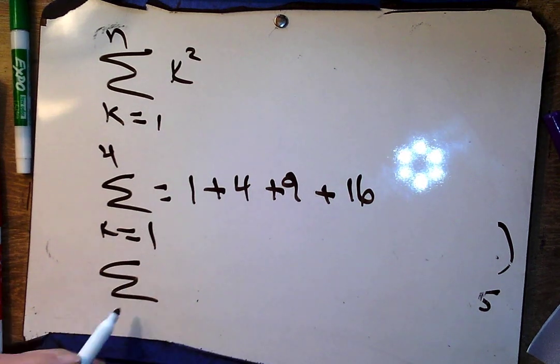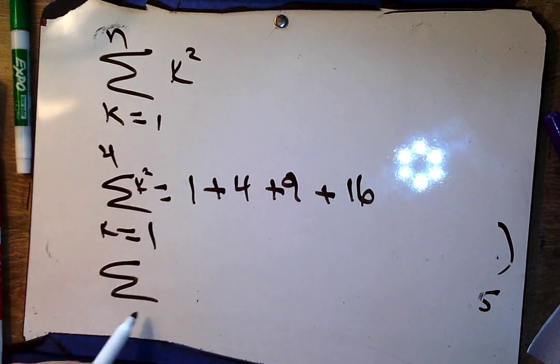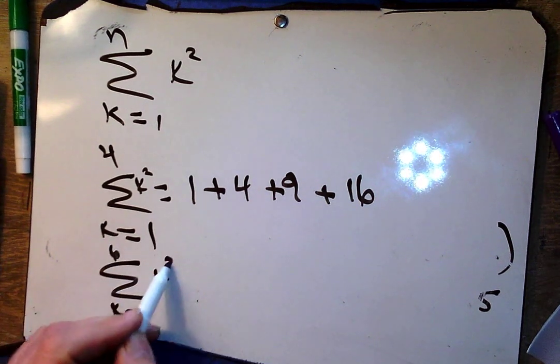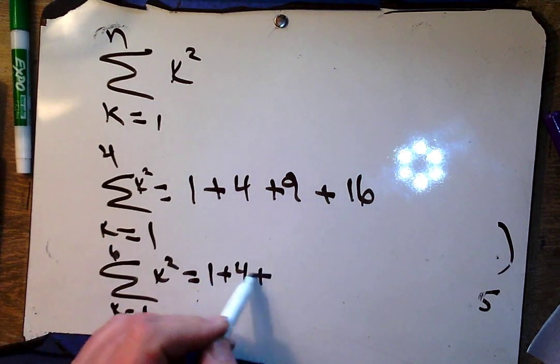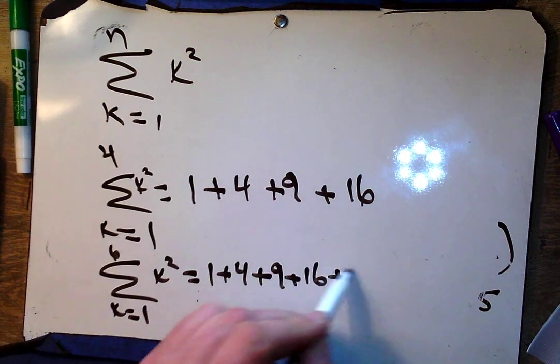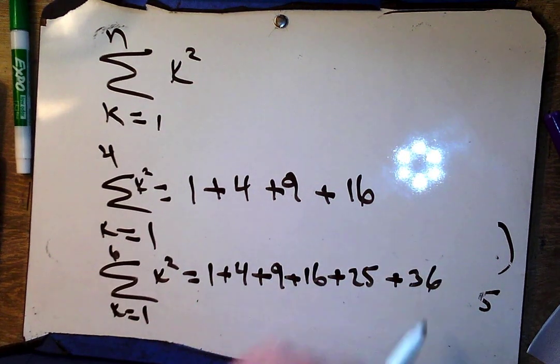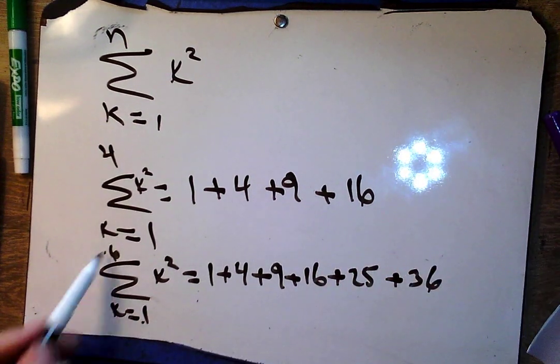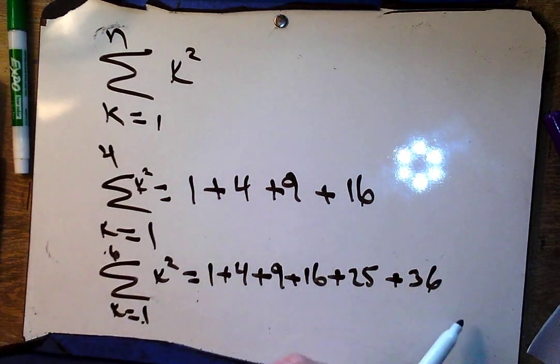And if I'm talking about k equals 1 to 6, I'm looking at 1 plus 4 plus 9 plus 16 plus 25 plus 36. Okay, I'm adding up all the squares from 1 to 6. Cool. Well, it turns out there's a pattern here as well.